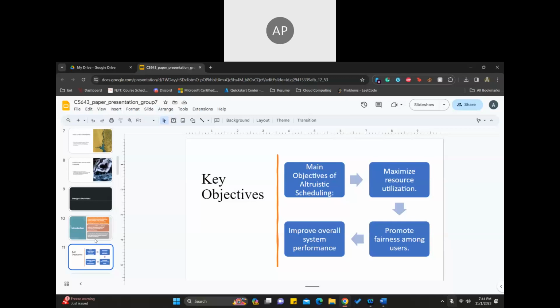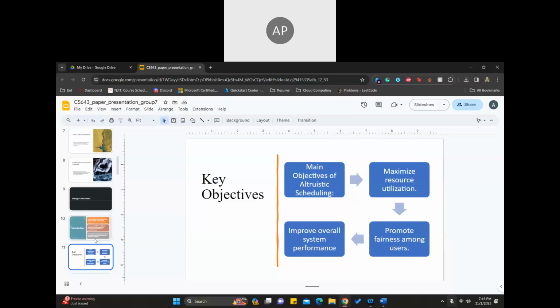The last point we want to mention in this particular slide is promote fairness among users. So basically, altruistic scheduling is not just about efficiency, it's also about fairness. The goal is to ensure that all users, regardless of the demand or the frequency of their requests, have a fair shot at accessing and benefiting from the system resources.